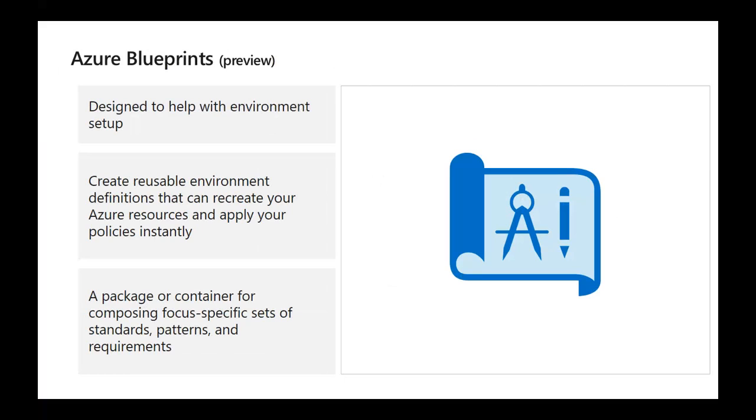Well, in this case, it's important to mention this feature called Azure Blueprints. So as the name says, just like a blueprint, this allows an engineer or an architect to sketch in a certain way a project's design parameters.